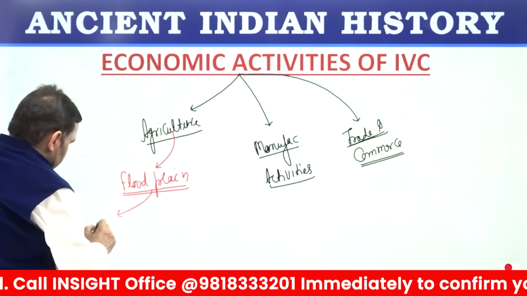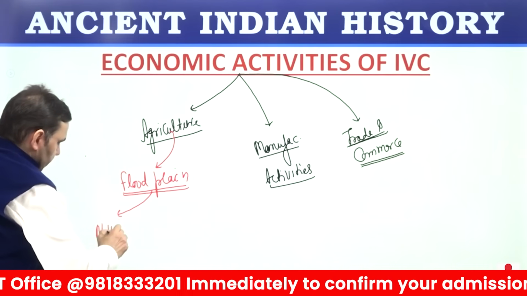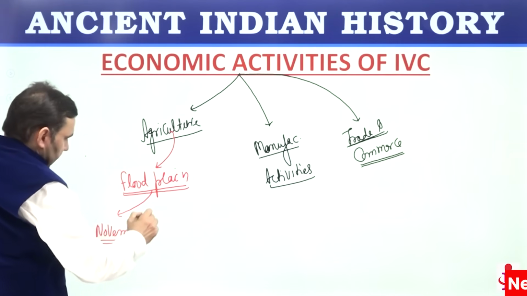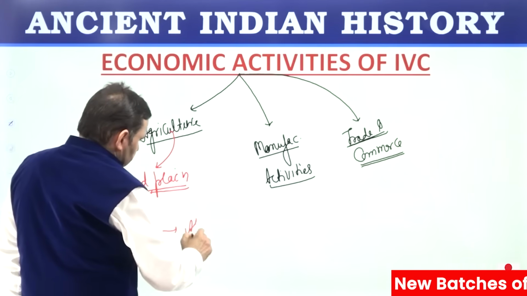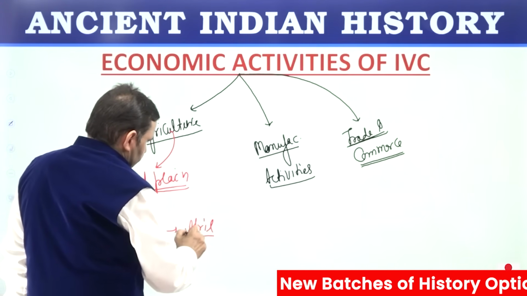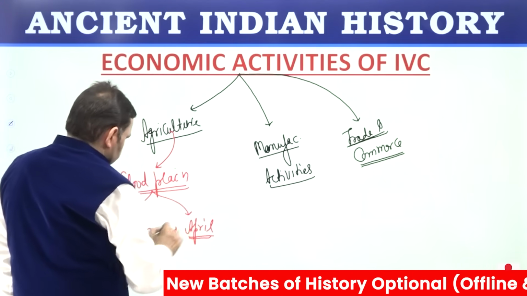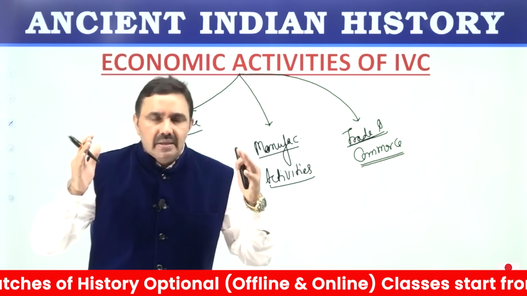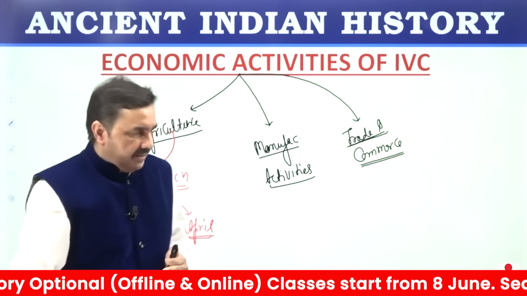They used to sow their seeds in the month of November after the end of rainy season, and used to harvest their crops in the month of April before the onset of the next rainy season. So November to April was their agricultural time, was their crop time.